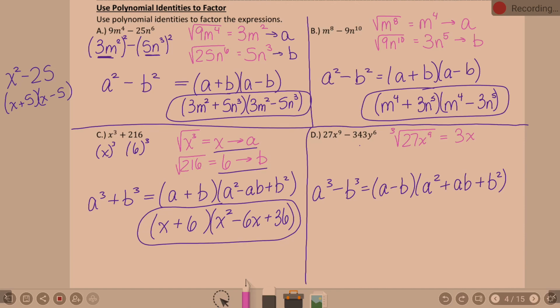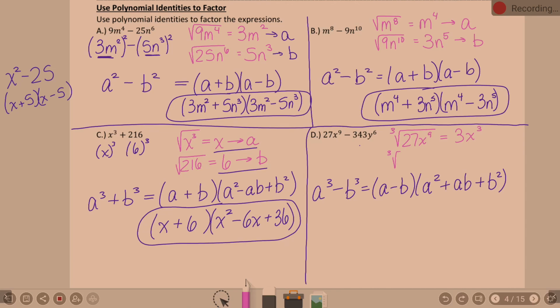What's 9 divided by 3? 3x to the 3rd. Okay, in other words, because I want to be able to say, how do you get x to the 9th in a cube root fashion? Okay, well, it'd be x to the 3rd times x to the 3rd times x to the 3rd. 3 plus 3 plus 3 is 9.